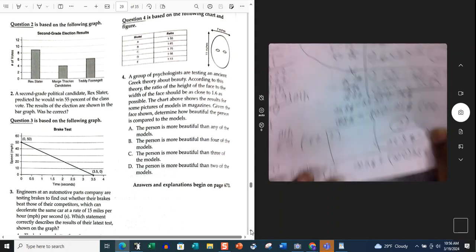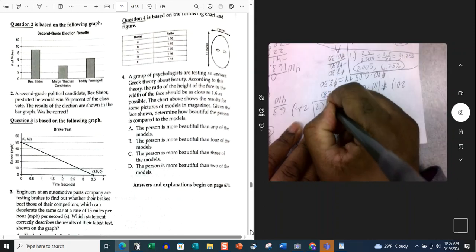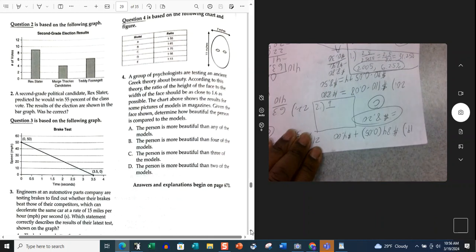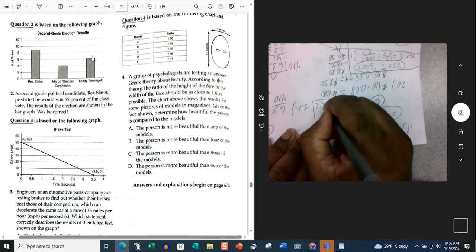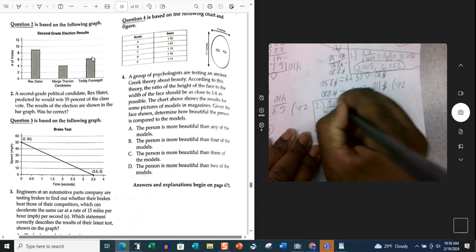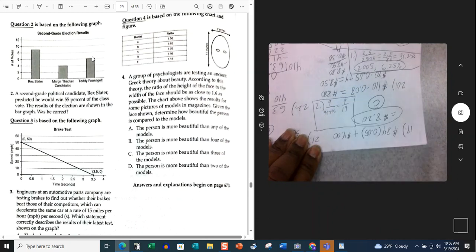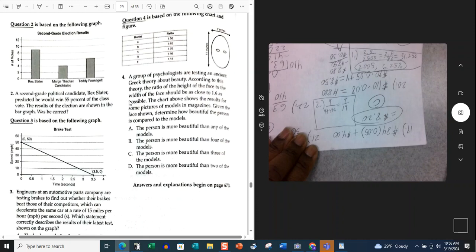So we're going to do this as a proportion. Rex has 9 votes. Now we have to find the total for the class. So we got 9 here, plus 4, plus 6. 9 plus 4 plus 6 will give us 9 over 19. Now we put this in our calculator to find a percent.